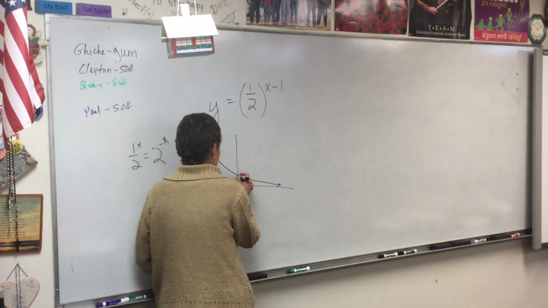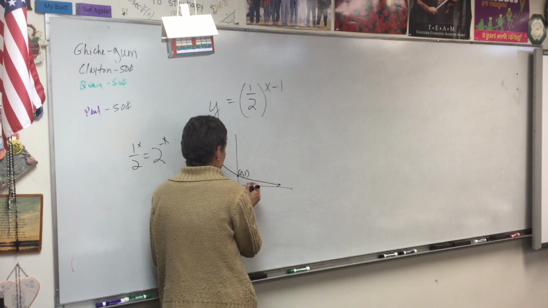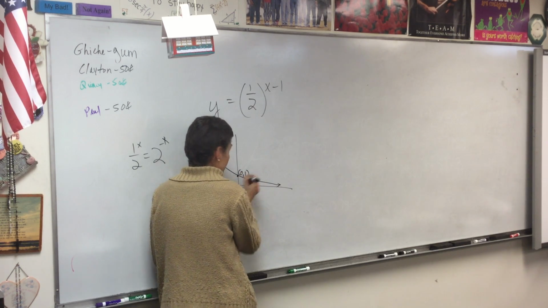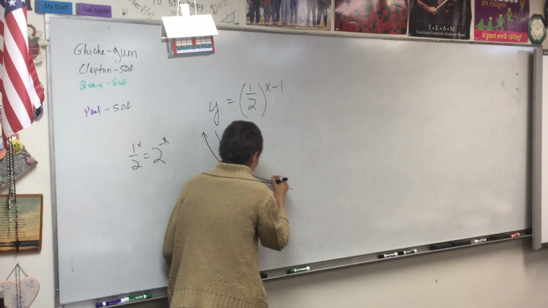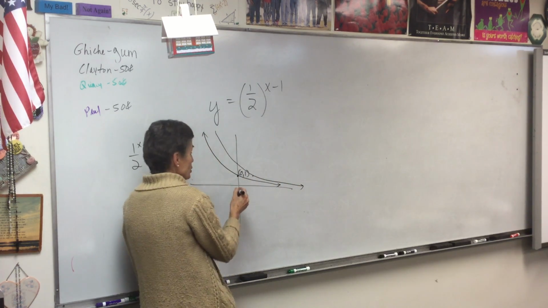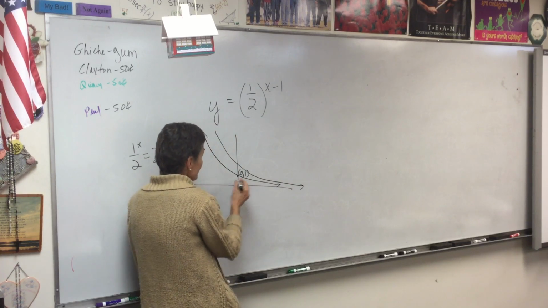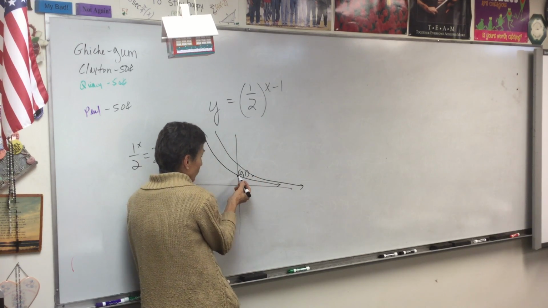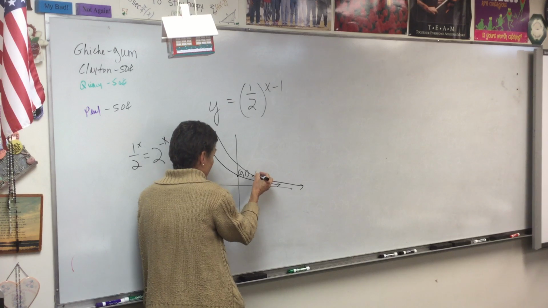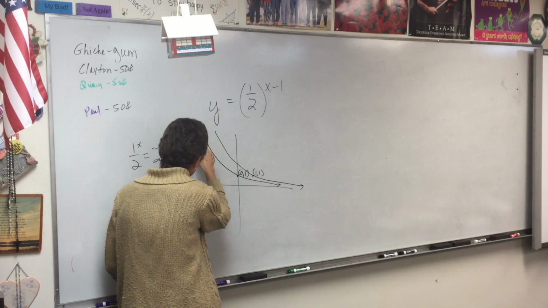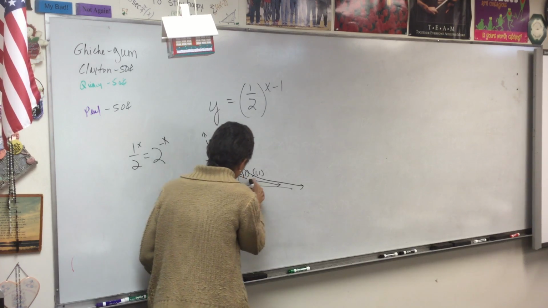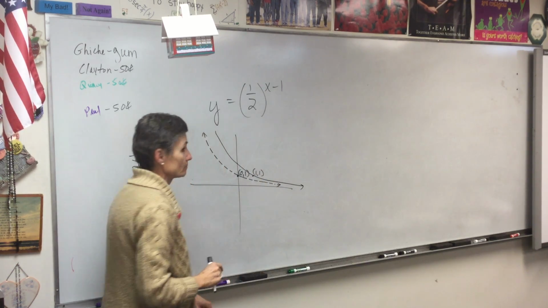So the point 0, 1 is now going to be over here, right? Everything is getting moved over. The asymptote's not changing. We still have an asymptote here. And that point, instead of having the point 0, 1, we now have the point 1, 1 on our graph. This was the original, so I'll dash it in there.